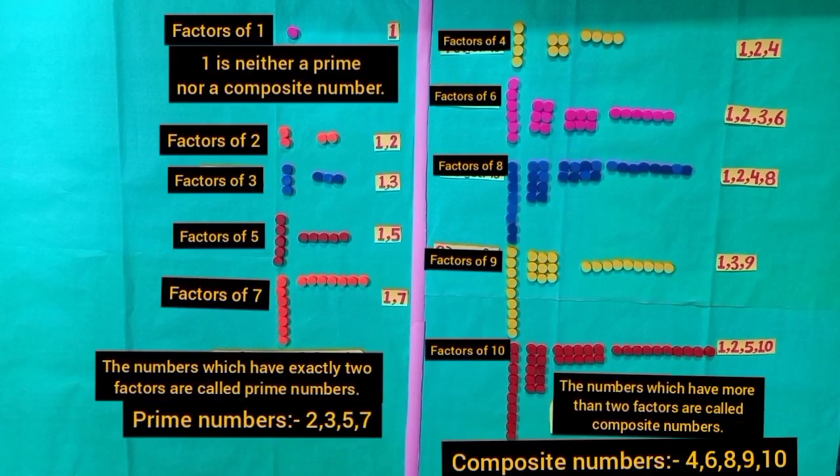Dear students, look carefully. 2, 3, 5 and 7 have only two factors. These are prime numbers because they have only two factors: 1, the number itself, as here 2, 3, 5 and 7, and second they have 1 as their factor.